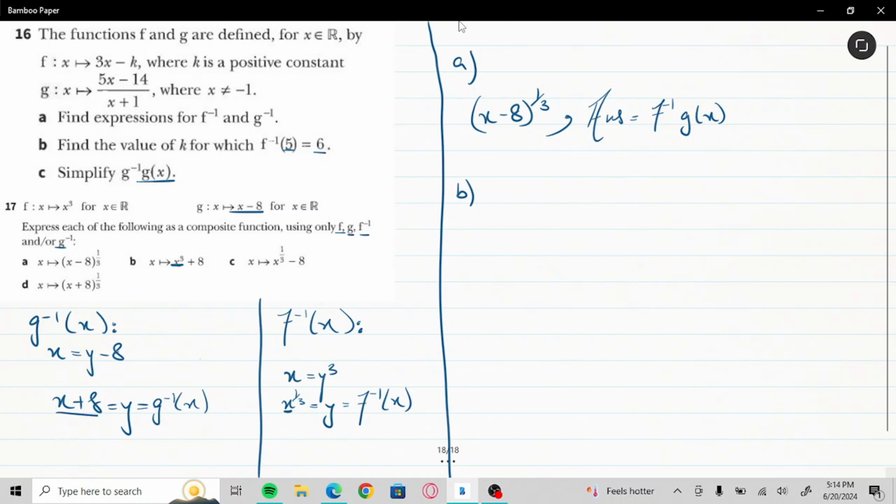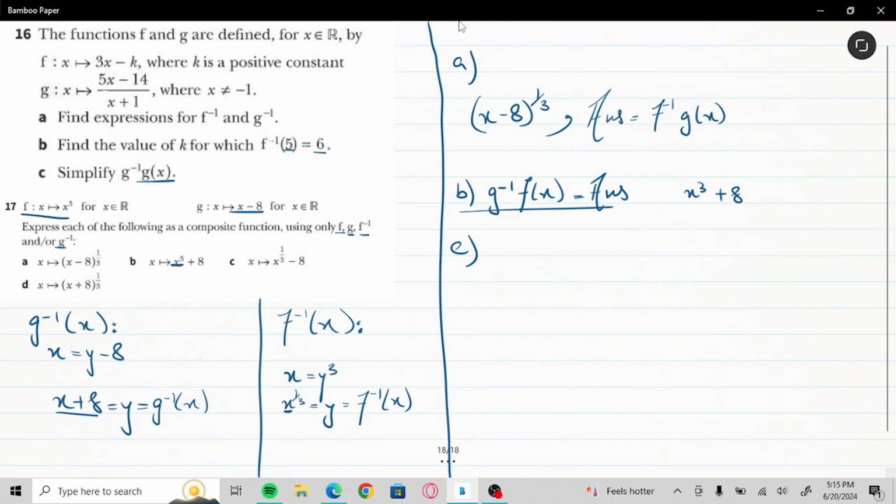Which one is x³? The function f. So if we input the function f into the inverse of the function g, we would get the answer, x³ + 8. That would be the final answer.